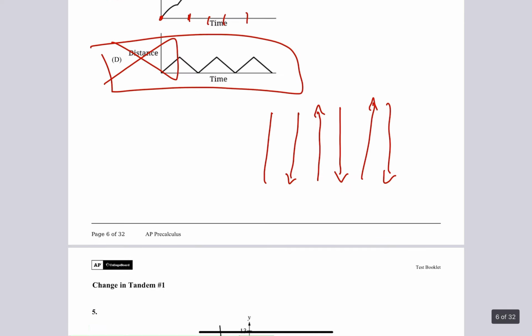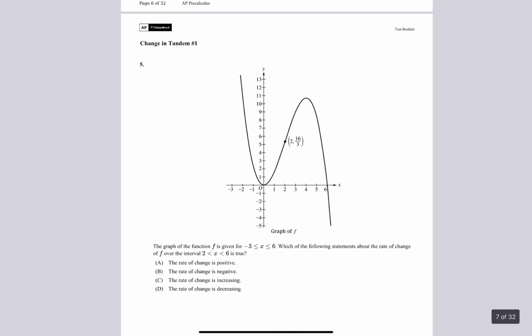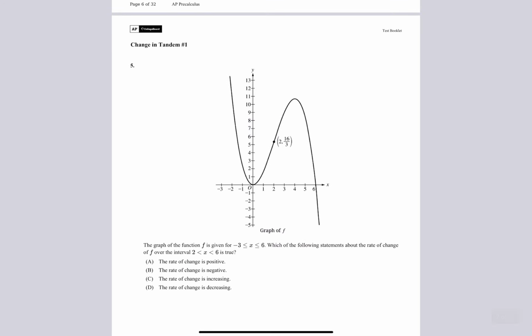Now let's move on to this one. The graph of the function f is given for -3 to 6. This is -3 and this is 6, right?